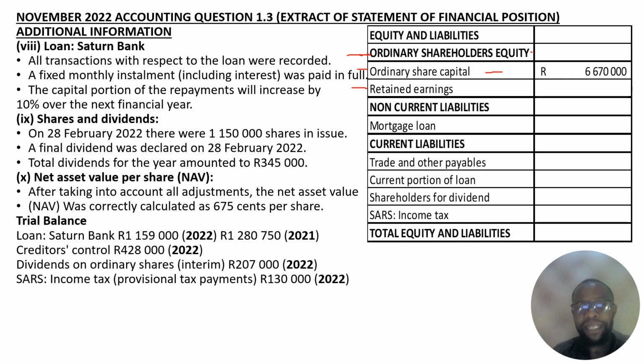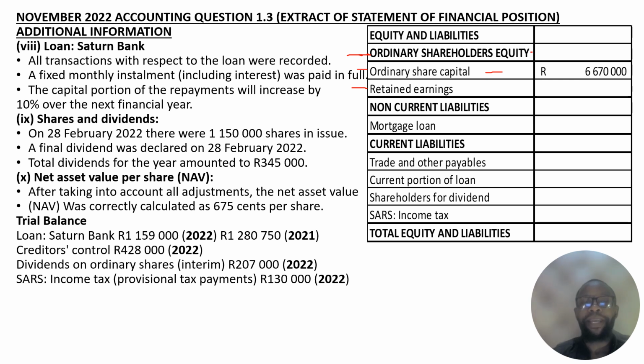That means there is information given that can lead you to calculate the retained earnings, which could be a missing value, which is your retained earnings.